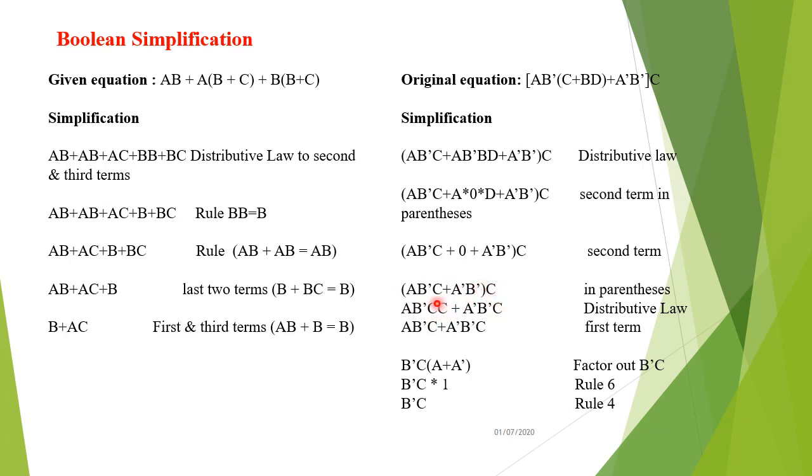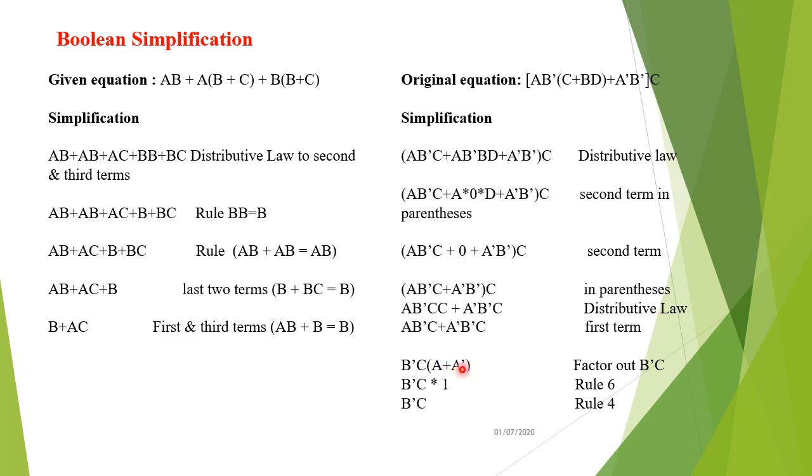Now in this expression, ANDing of the same variable with itself results in the variable, that is C. Now in this expression, we can see that B dash C can be taken as common. So B dash C will be taken as common, and inside the bracket A and A dash will be written, with the ORing operation between these two variables.